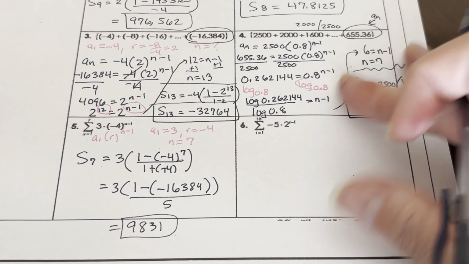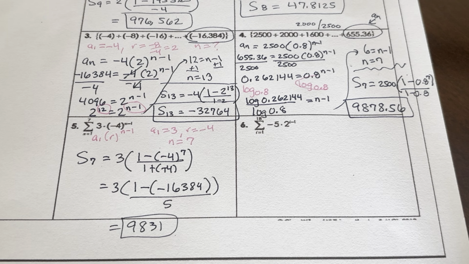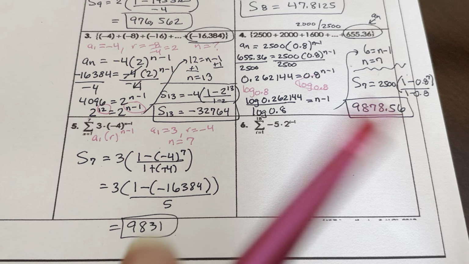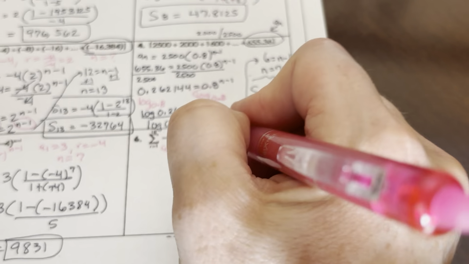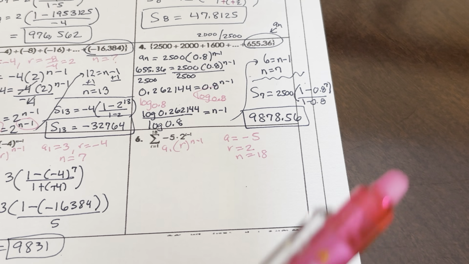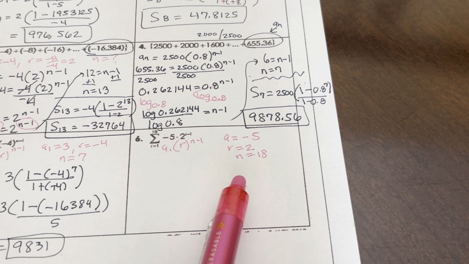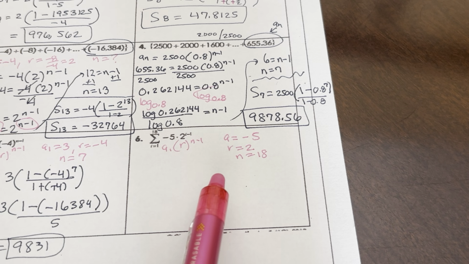So again, if we do another sigma, you can write your a sub n rule right underneath and just kind of compare the two. So for this one, your a1 r to the n minus 1, so a1 looks like negative 5, r is 2, our n is 18. So this one going up so high is going to be a decently big number because we're going to the 18th sum. So then you plug everything in.